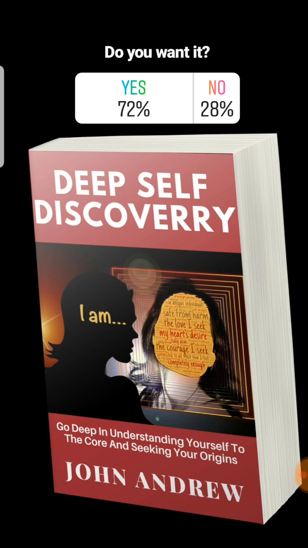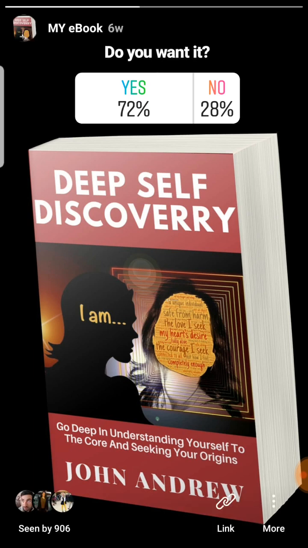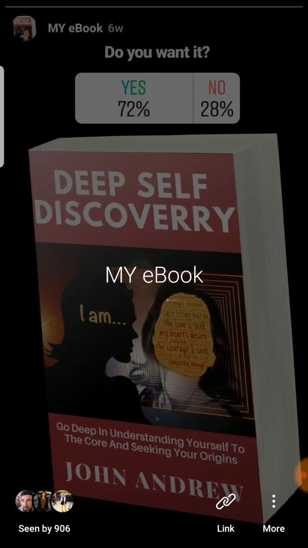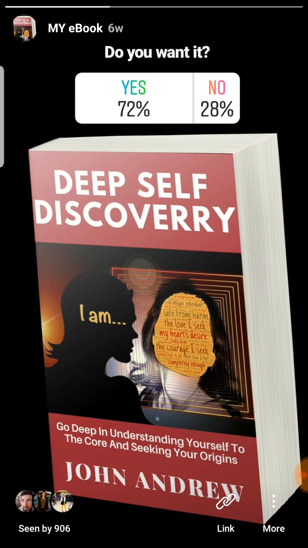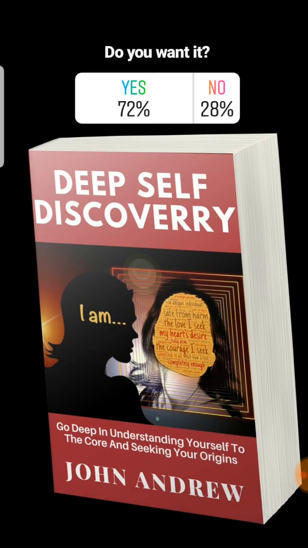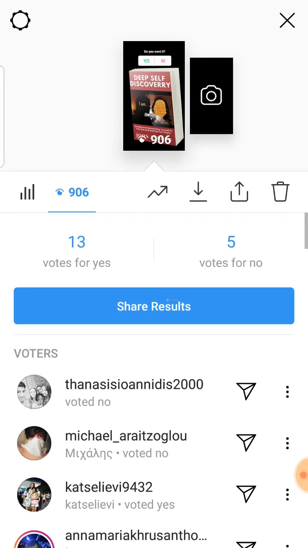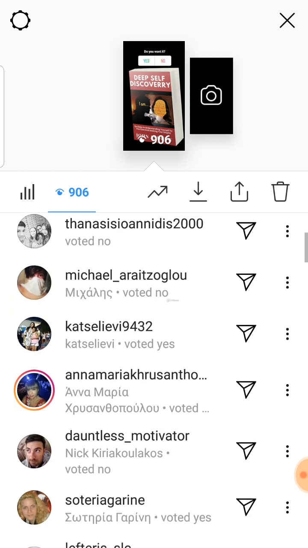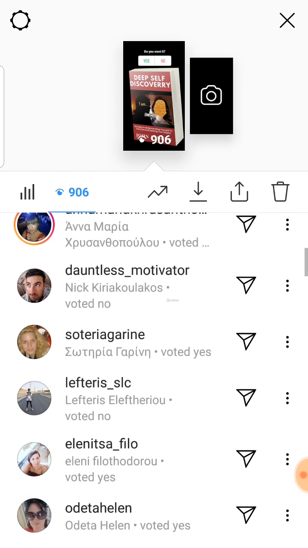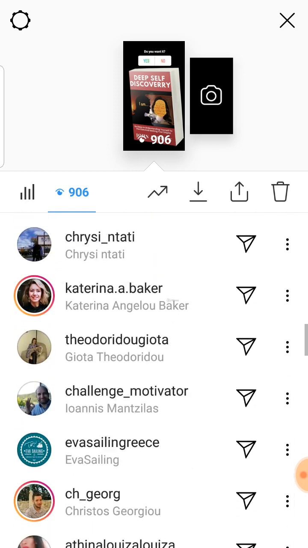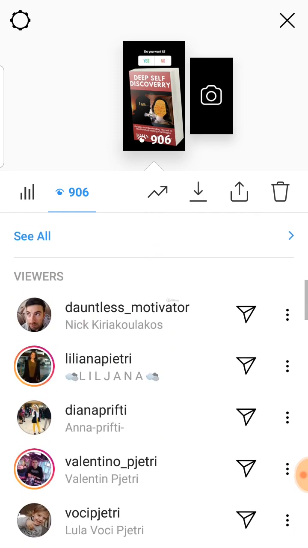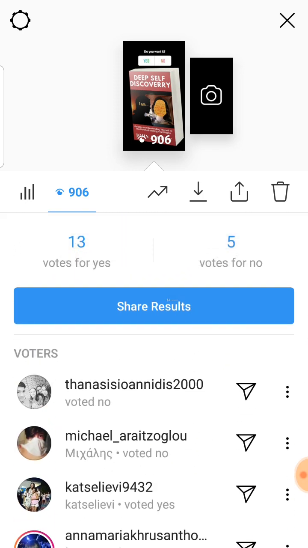And this is because if it says here yes and no, this is what I actually wanted to do. So if you swipe up or whatever here, you can see whoever voted for yes, and you can go to, where are they? Yes. Okay, here.